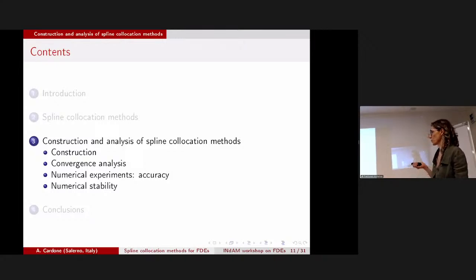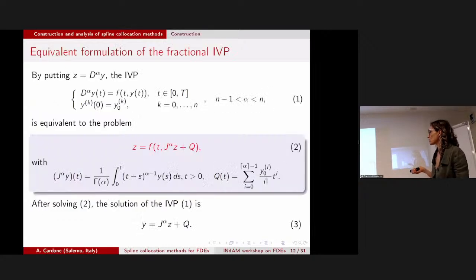And now I will illustrate the construction and analysis of a class of spline collocation methods for fractional differential equations. In particular, before applying spline collocation methods, we have to derive an equivalent formulation of the initial value problem. We will consider the equivalent formulation, that is the functional equation 2, which is a nonlinear equation where the unknown function z appears on the left hand side, and on the right hand side under the sign of fractional integral.